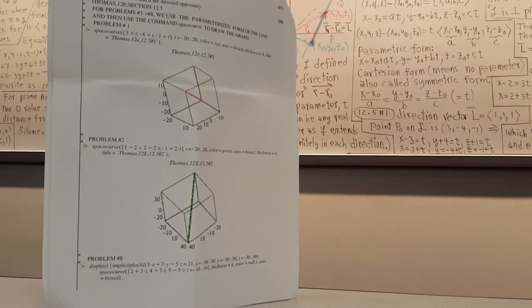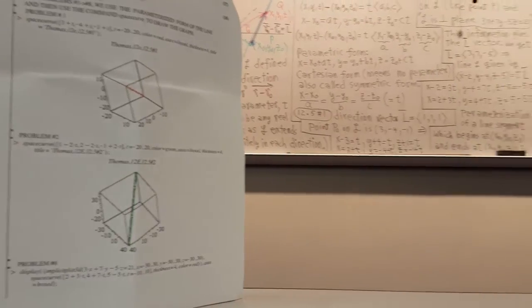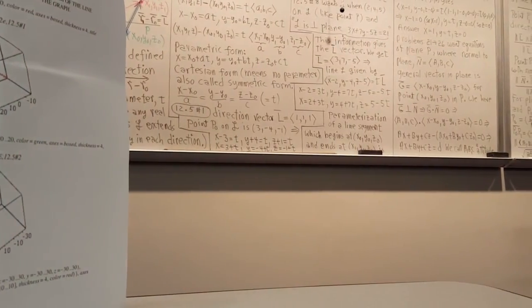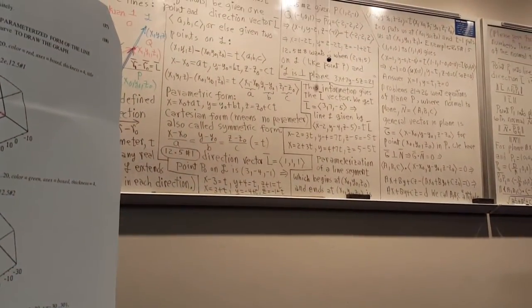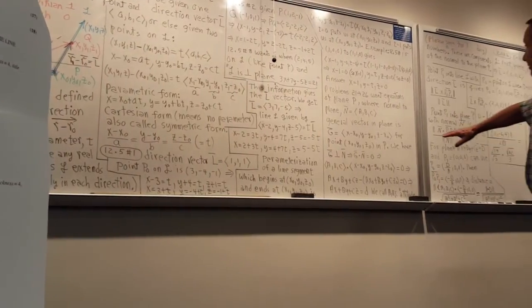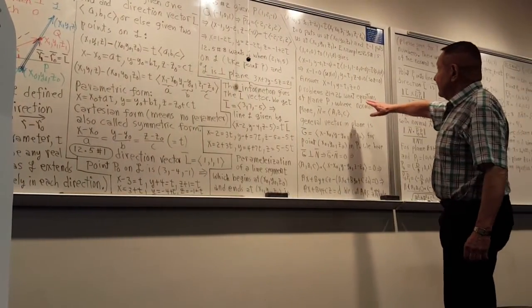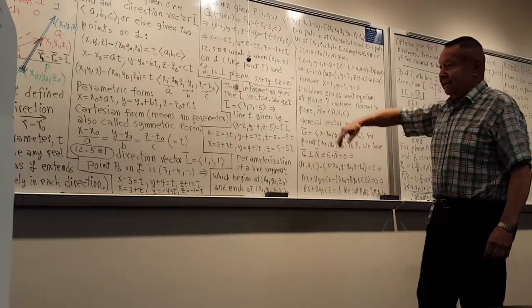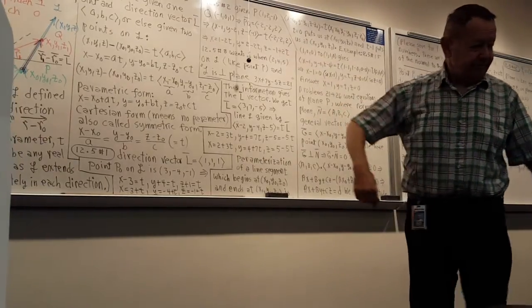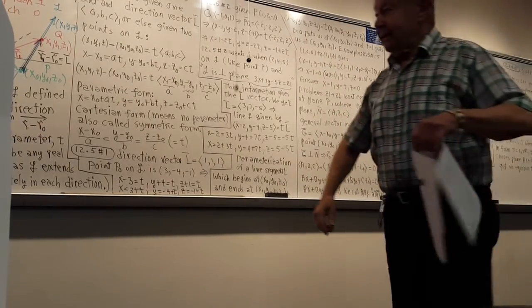Then with the problem 8, which we also did, this is the one where we're told that the line is perpendicular to a plane, and we have the actual line over here, I guess. Don't we?